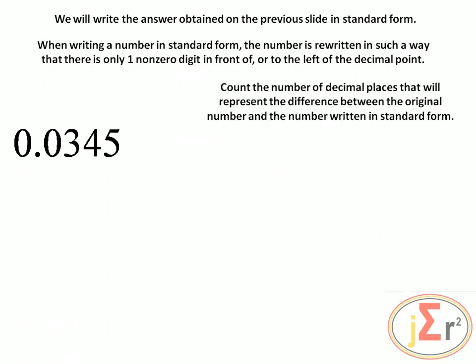Count the number of decimal places that will represent the difference between the original number and the number written in standard form. If we are going to standard form, what do we know? For sure that we will have only one non-zero digit to the left of the decimal point.